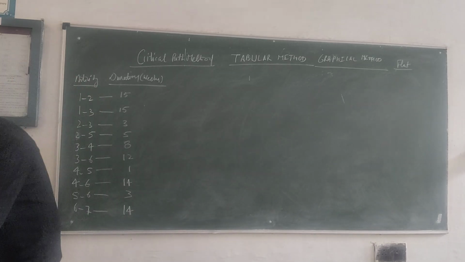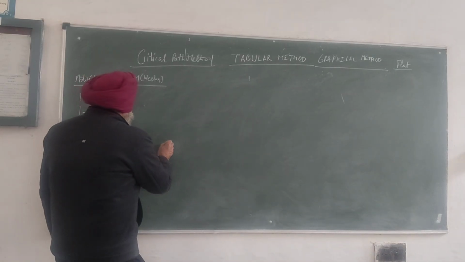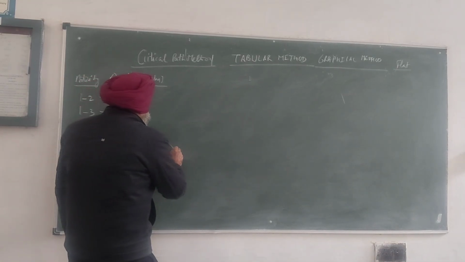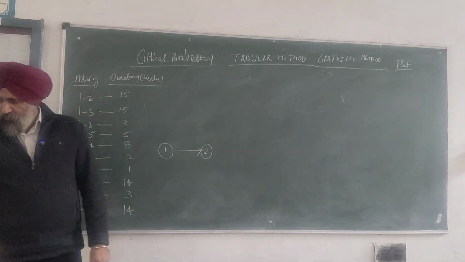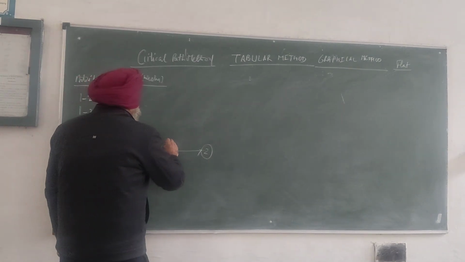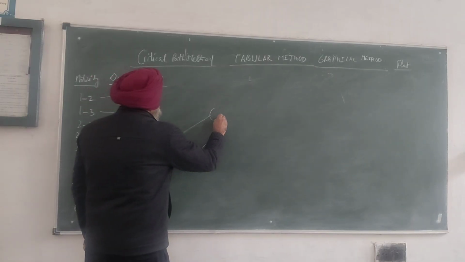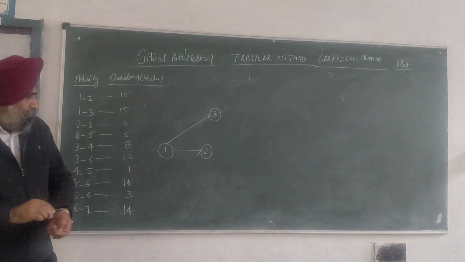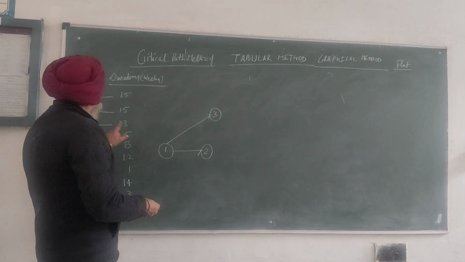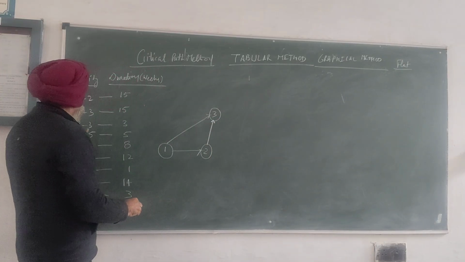Let us construct the network which we have already discussed. This is node 1, this is node 2, and here it is node 3. Then the activities 1 to 2, 1 to 3, and 2 to 3.